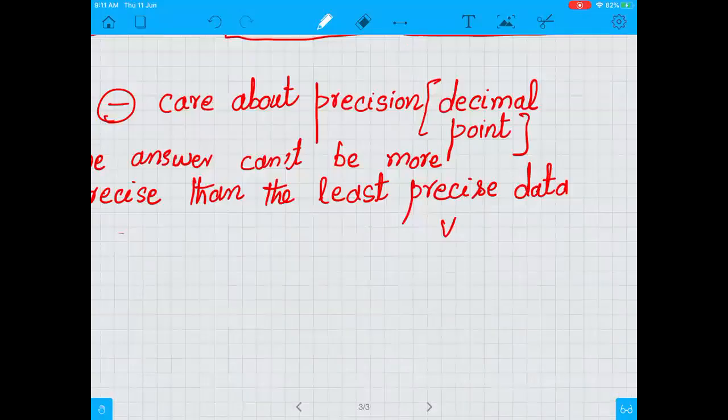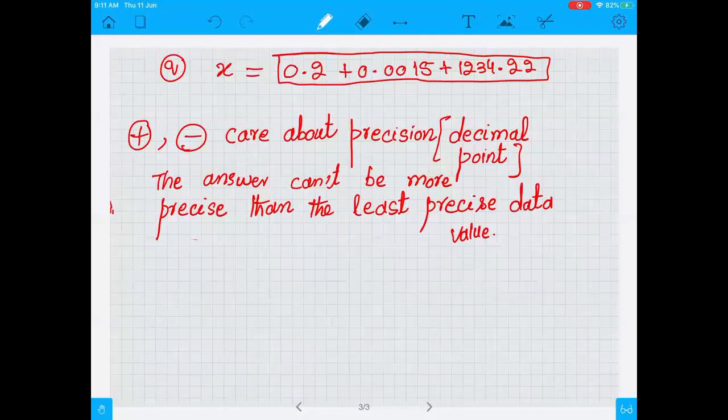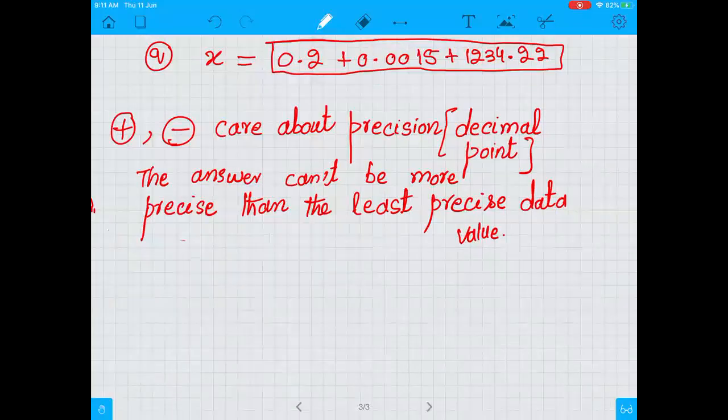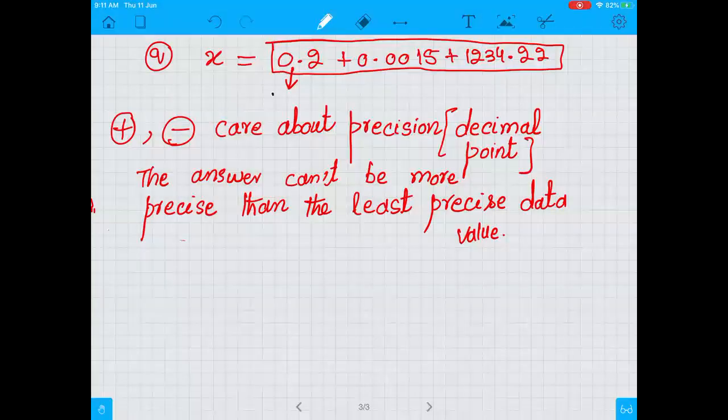So here precision is about decimals. So here you see 0.2 has only one decimal. 0.0015 has four decimal places, and this number has two decimal places.